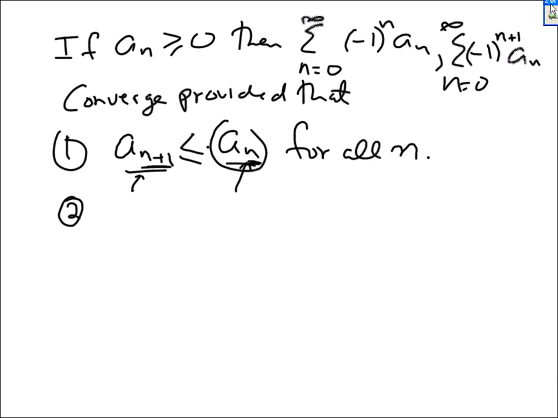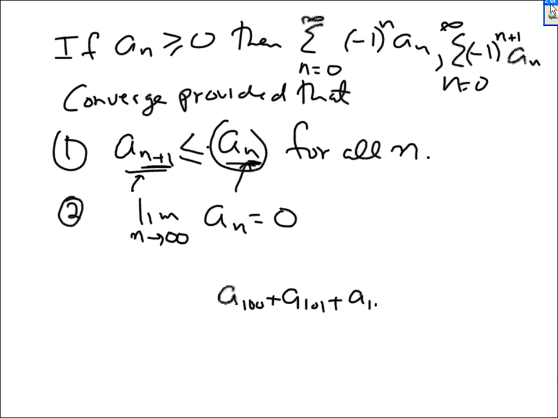The next thing is that at the end, at infinity, the a sub n's must be approaching 0. Now, suppose there was a sequence starting from a100, a101, a102, and so on.